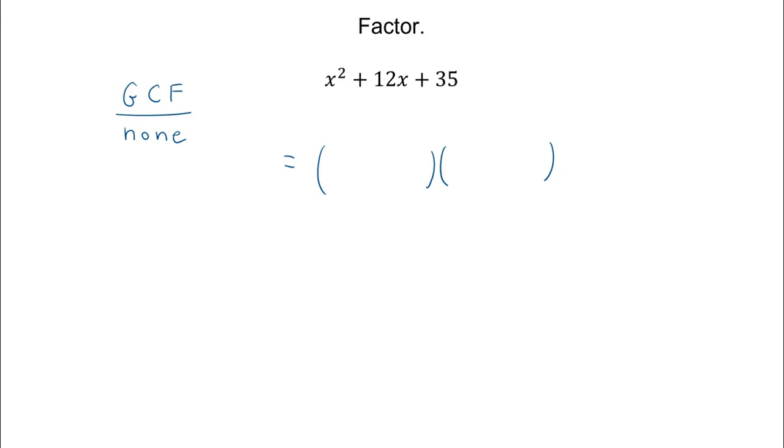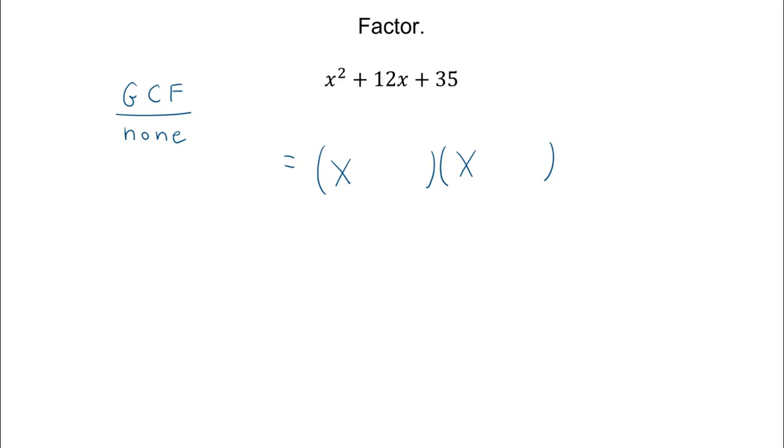Now let's find the first term in each of our binomial factors. The x squared here is the result of multiplying the first term by the first term. And the only way to get an x squared is if this first term and this first term are both x's, because x times x gives us x squared.